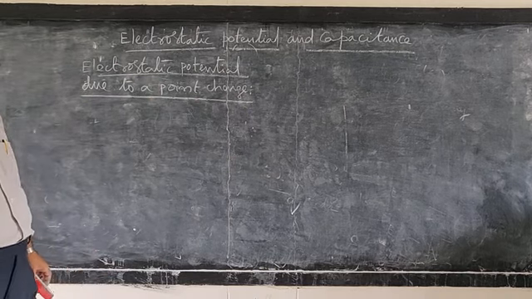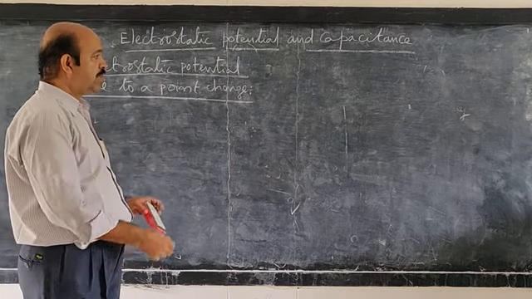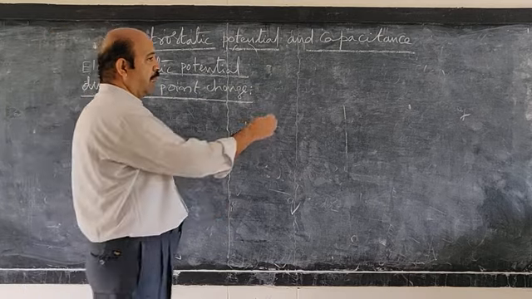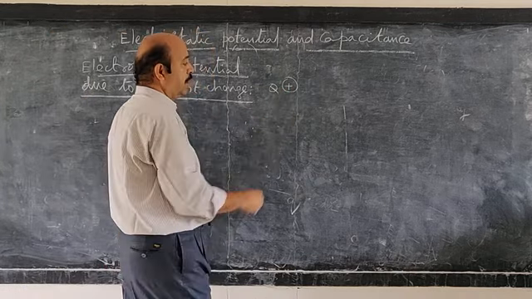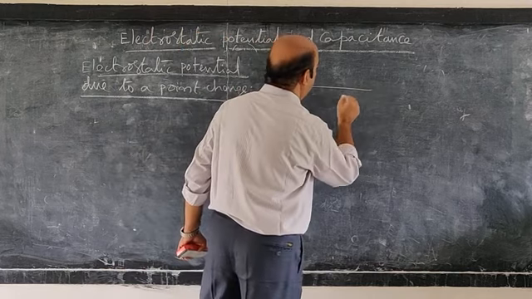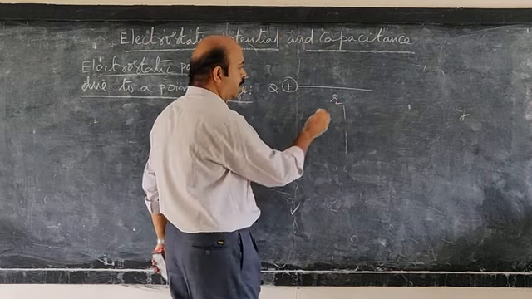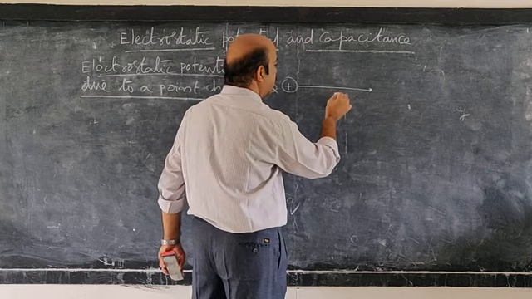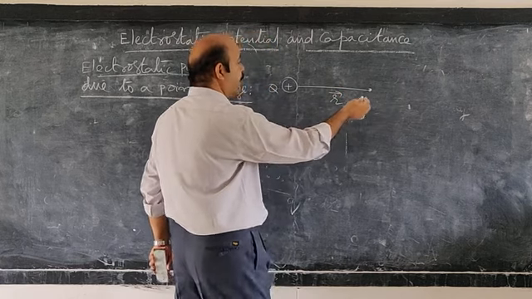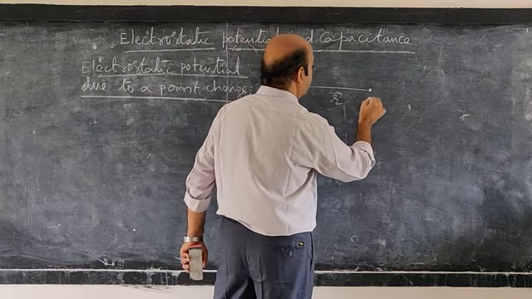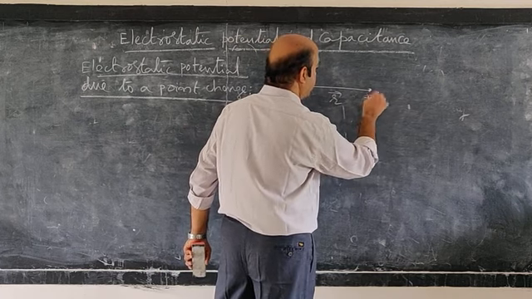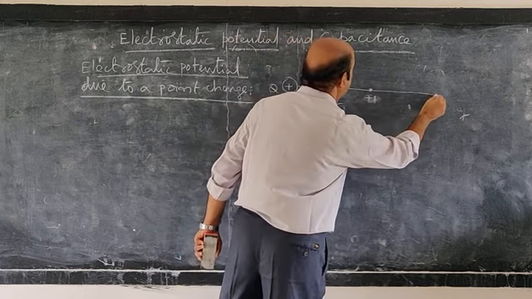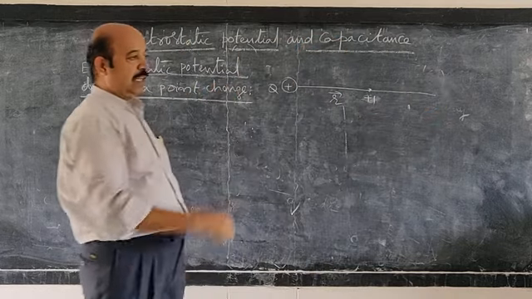Let us consider a charge plus Q. Now at a distance r from this, you are bringing a unit charge, plus 1 charge, along the radial direction.